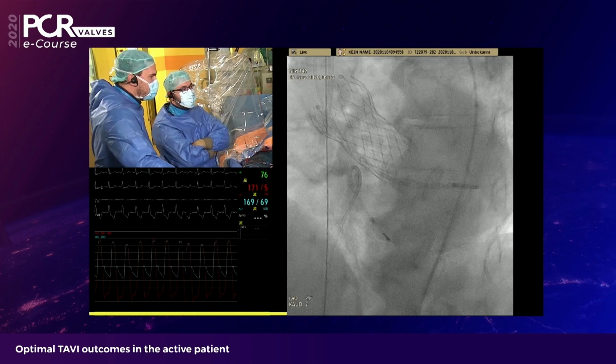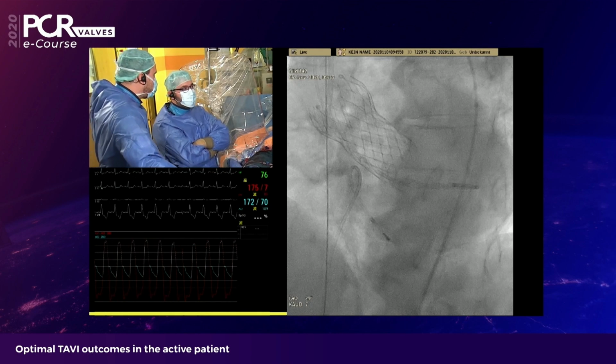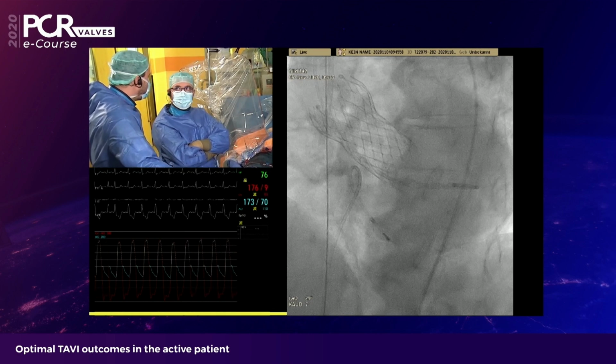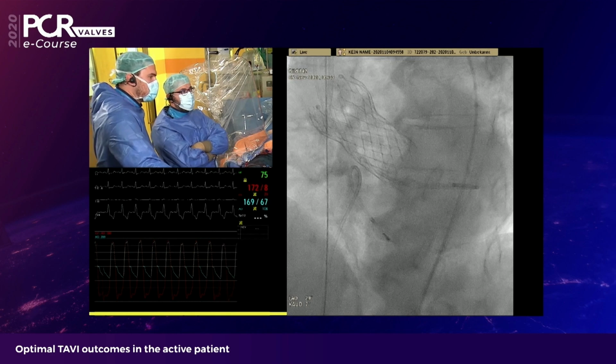So I think it's quite clear that we now have a standardized procedure, and we're doing very well in a very rapid way. Now we have to think about all the issues that are coming up in the future, especially for those patients who will need re-interventions. I think that's what we are facing and addressing right now. Yes, that's correct, I totally agree.